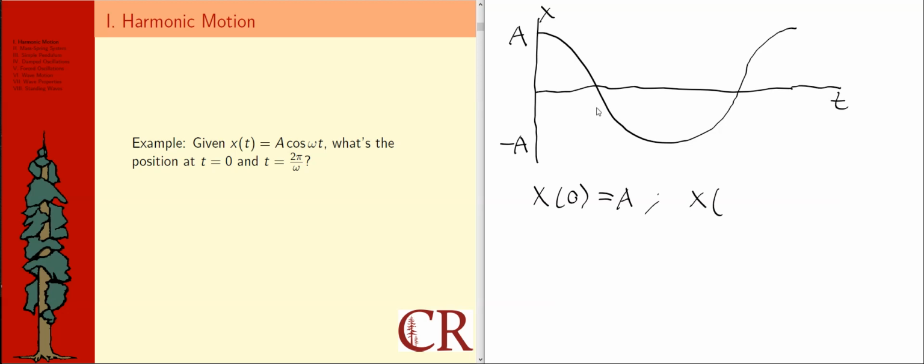For that one, I'm going to say x evaluated at 2 pi over omega is equal to a times cosine of, and let me use some parentheses in here, even though the parentheses weren't there in the original function. You can regard them as being implied, as we discussed on the key concepts slide, so I can bring them in for clarity anytime I want.